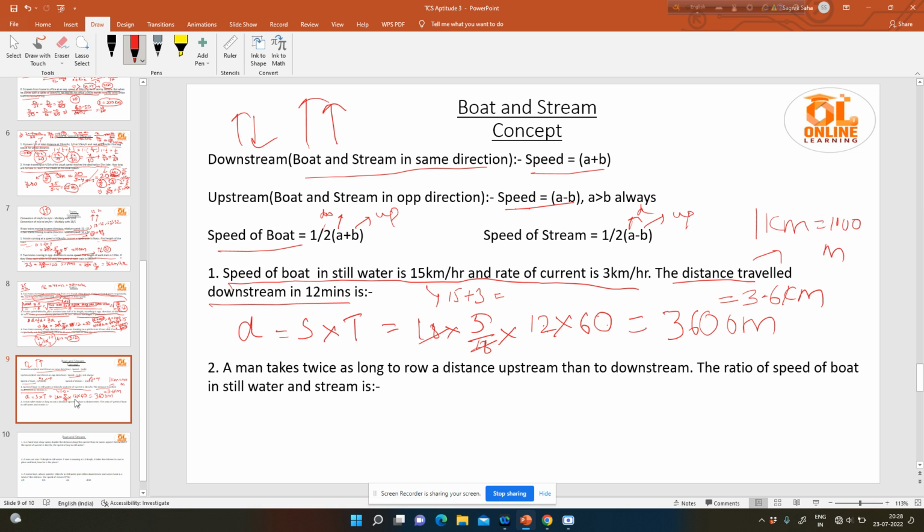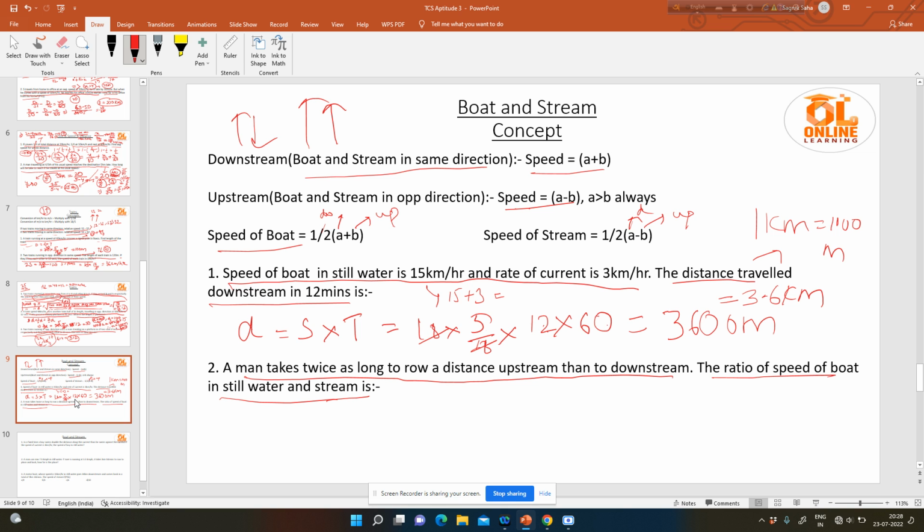Hope you have understood. Now, a man takes twice as long to row a distance upstream than to downstream. The ratio of speed of boat in still water and stream is? So a man takes twice as long to row a distance upstream than to downstream. So their distance is the same.